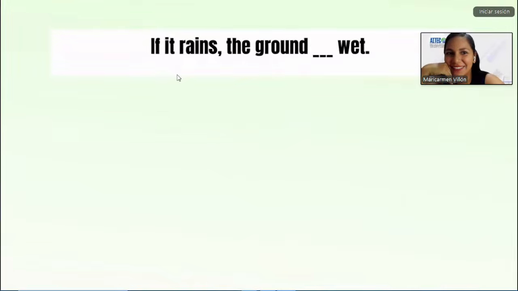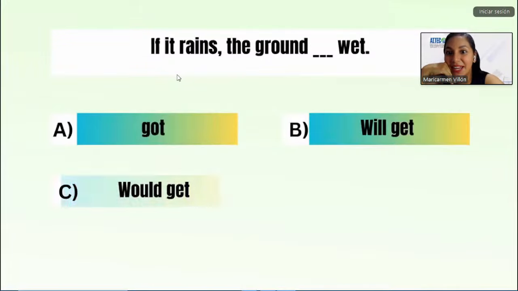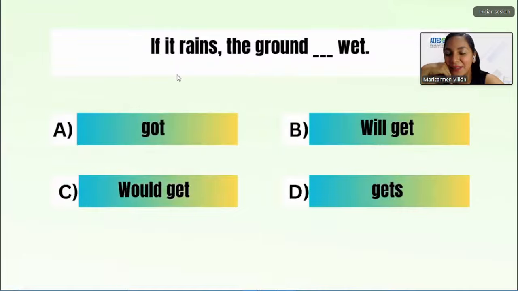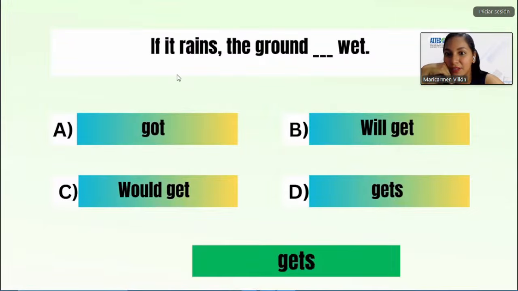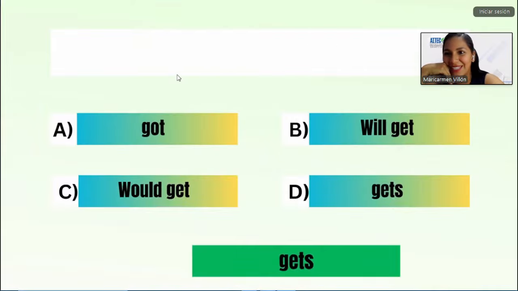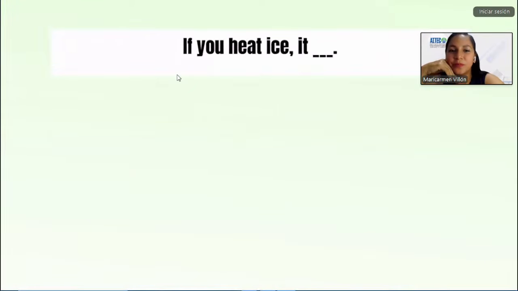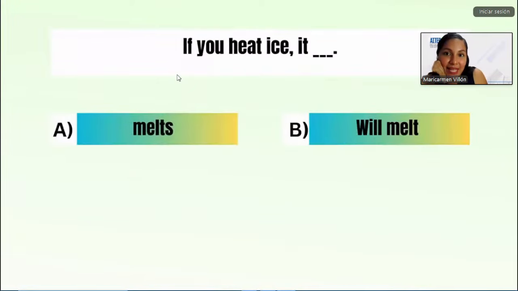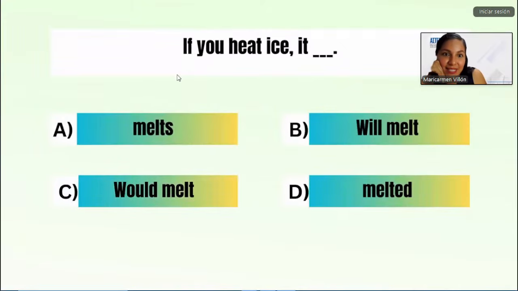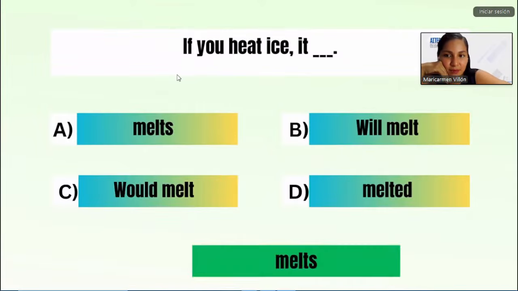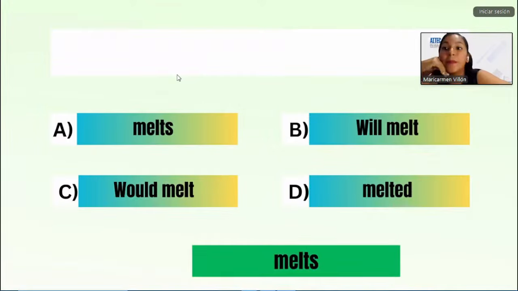If it rains, the ground. Present simple. Present simple, the result. Gets. If you heat ice, it. The result is to be in present simple. Melts.